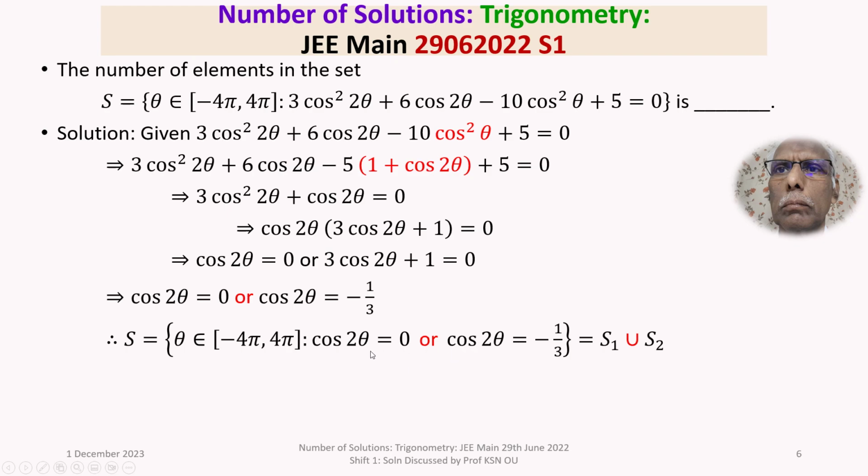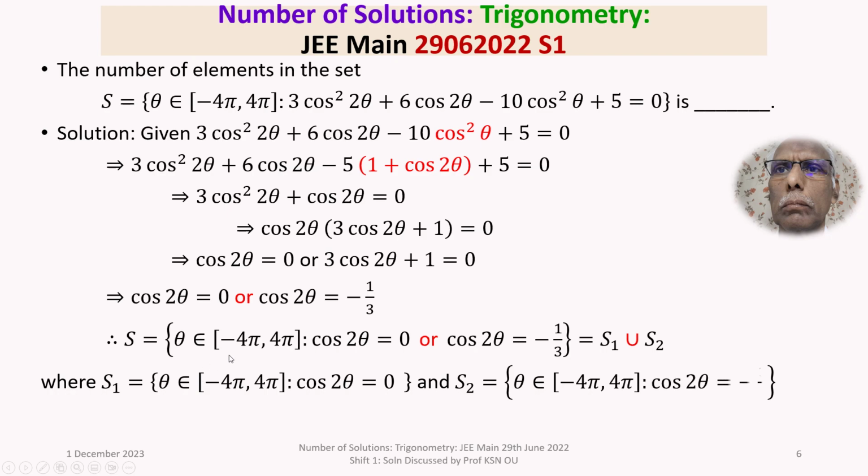We write it as the union of two sets, S1 union S2, where S1 is the set of all those solutions of the equation cos 2 theta is equal to 0 in the interval minus 4 pi to 4 pi, and S2 is the set of all those solutions in the interval minus 4 pi to 4 pi which satisfy the trigonometric equation cos 2 theta is equal to minus 1 by 3.